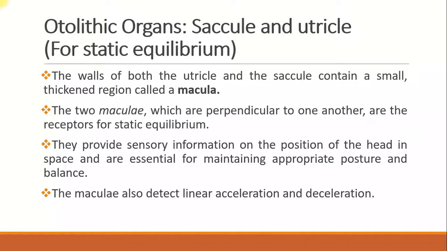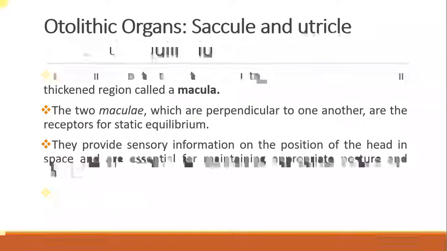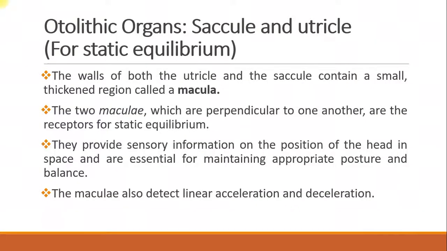The organs responsible are the saccule and utricle. The walls of both the utricle and saccule contain a small thickened region called the macula. Two maculae, which are perpendicular to one another, are the receptors for static equilibrium.